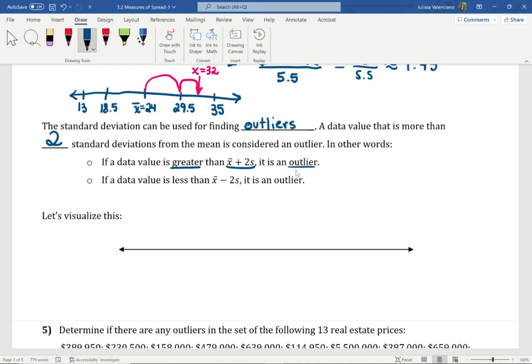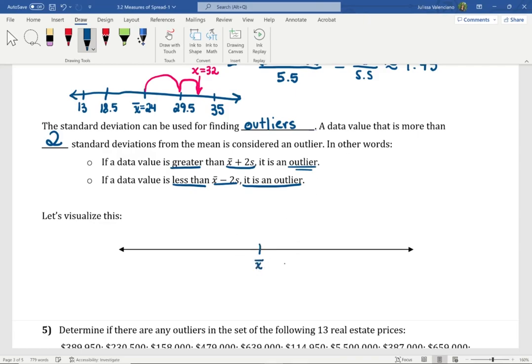In other words, if a data value is greater than x bar plus 2 standard deviations, that is x bar plus 2 times s, then it is an outlier. If a data value is less than x bar minus 2 standard deviations, that is x bar minus 2 times s, then it is an outlier.